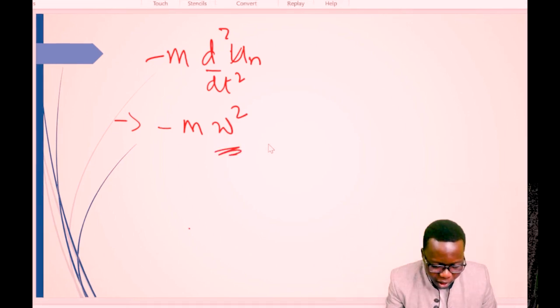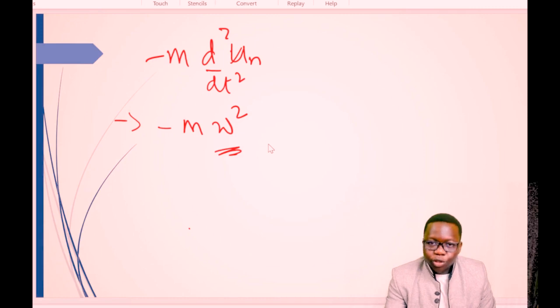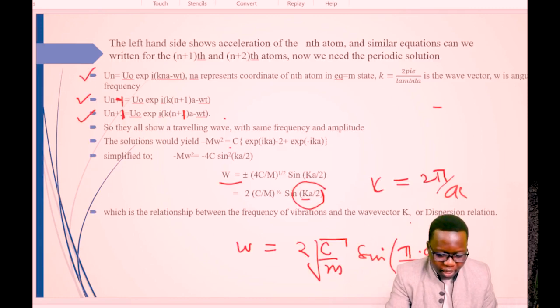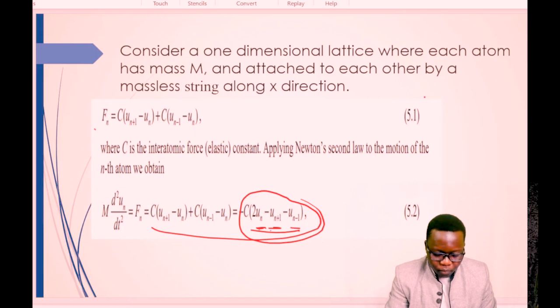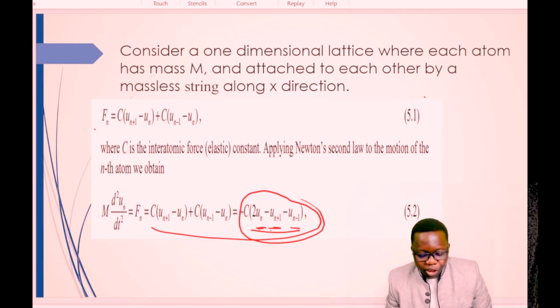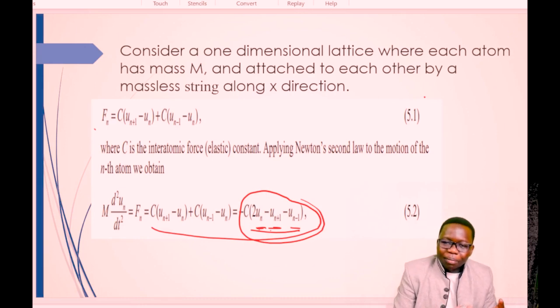Because we are working on the left hand side of our equation, remember we said according to this equation that we had right here, we want to get this left hand part, which is m times the second derivative of u with respect to t, which is the Newtonian part.